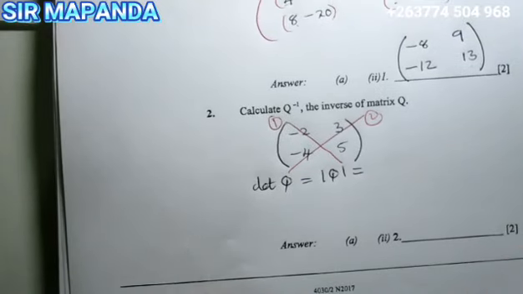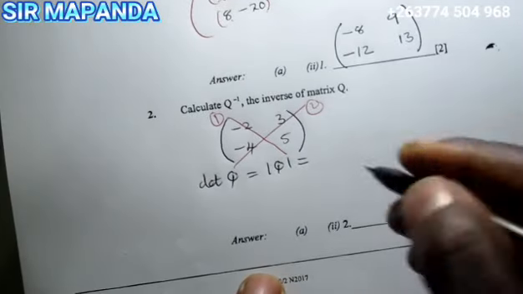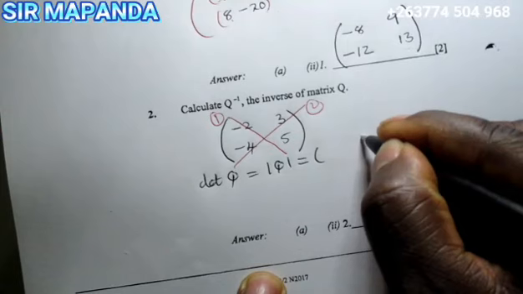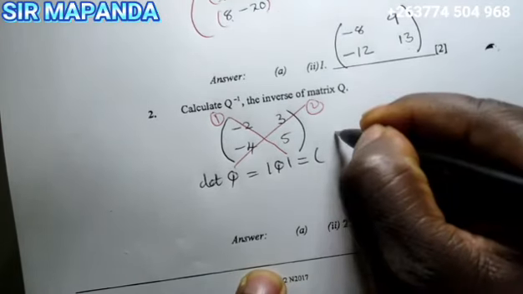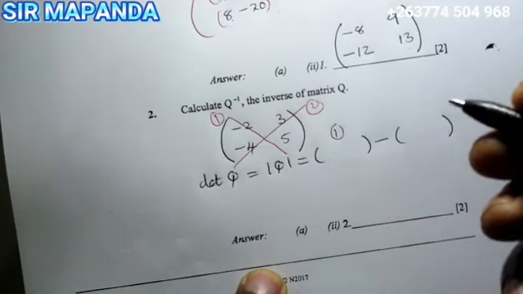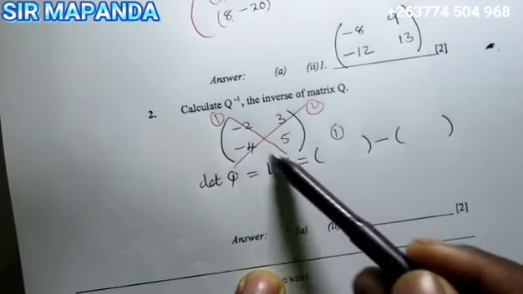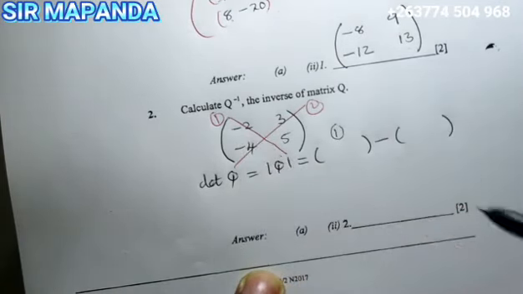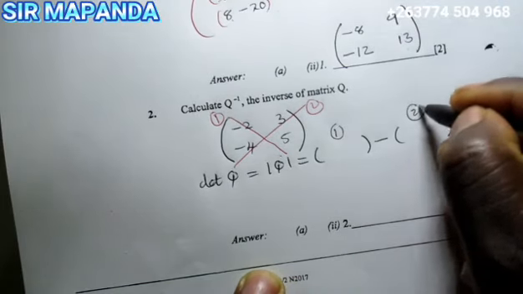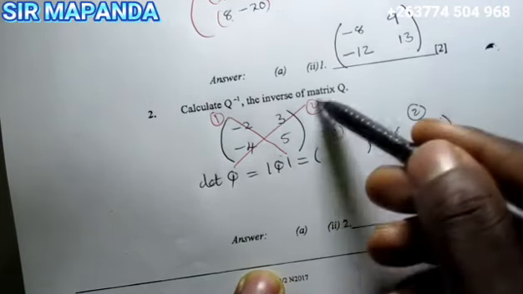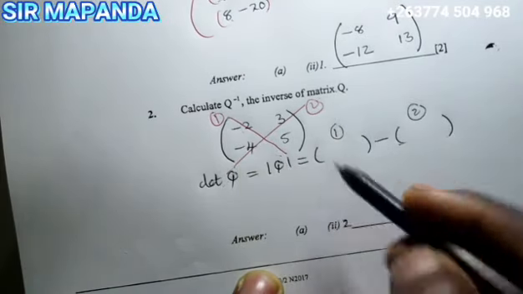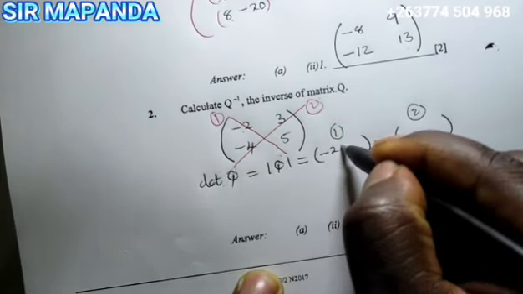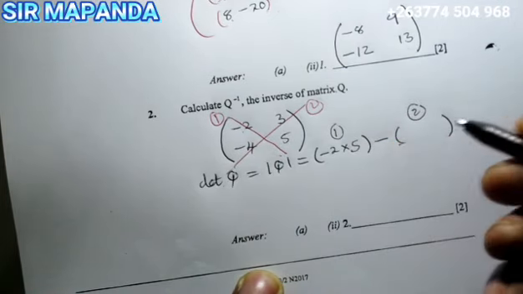I hope you are listening. So determinant of q is going to be obtained by bracket minus bracket, where the first bracket is going to be a product of the numbers in the branch 1, and the second bracket is going to be a product of numbers in branch 2. So in branch 1 we have -2 and 5, so it means I'm going to multiply -2 times 5, right?